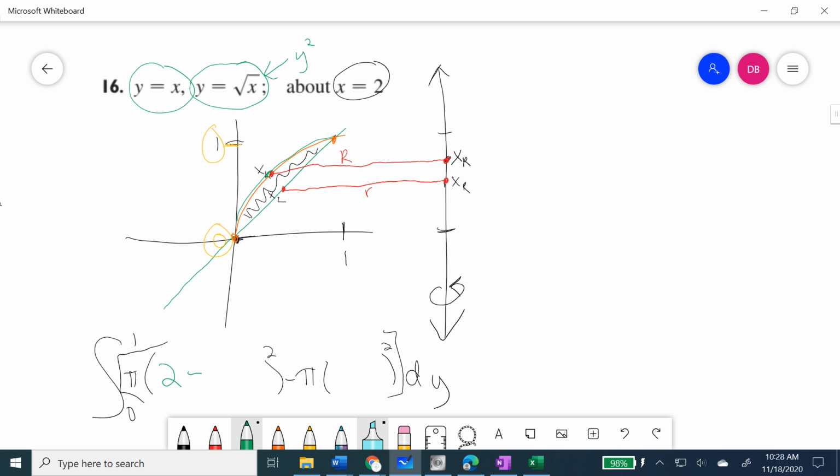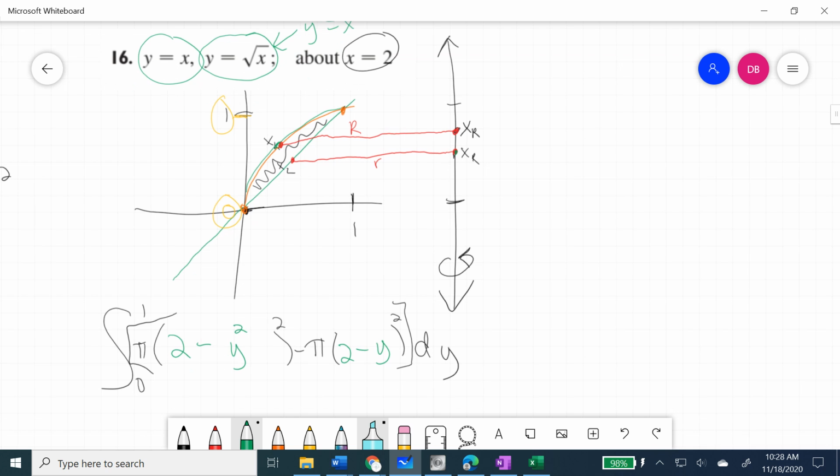So I have to square both sides to see that the left x is actually x equals y squared. Then for the inner radius, the right x is 2 minus the left x, which is equal to y.